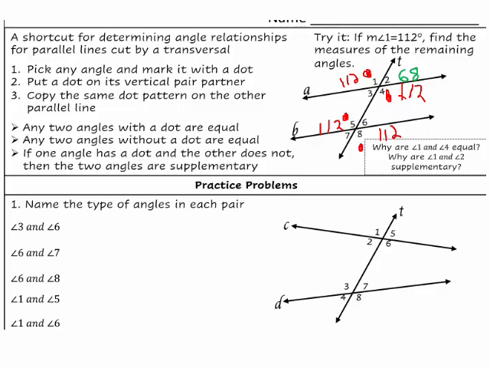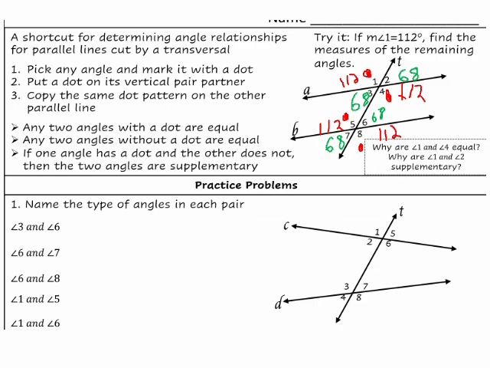So all the other small angles are all 68. If you take a second and look at that, you will notice a pattern, and this pattern works for all transversals. Students who understand and can identify this pattern find transversals very, very simple.